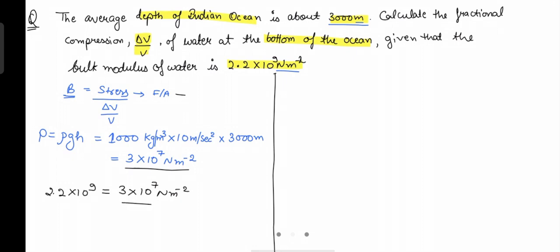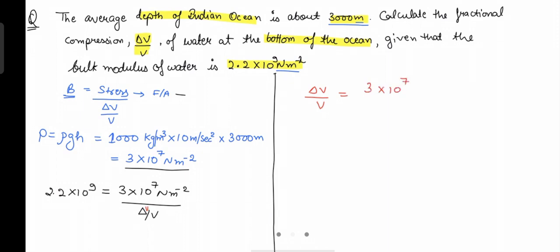Strain, del V upon V, is what we have to find. So if I take del V upon V to the other side, it is equal to 3 into 10 power 7.